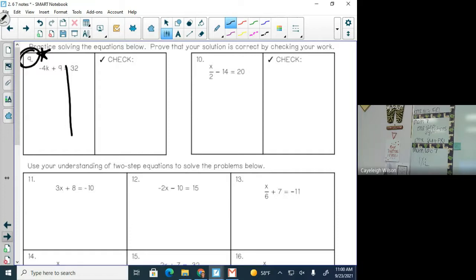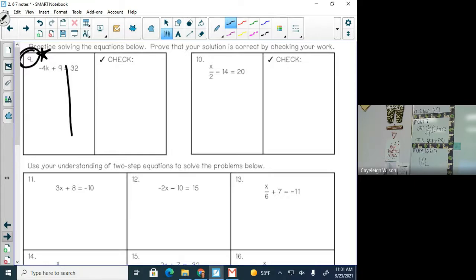Okay. And then, are you going to get rid of that -4? What's a number next to the letter? A number next to the letter that adds, right, multiply. Add, subtract, multiply, divide. Nope. Multiply. So what's the opposite of multiply?